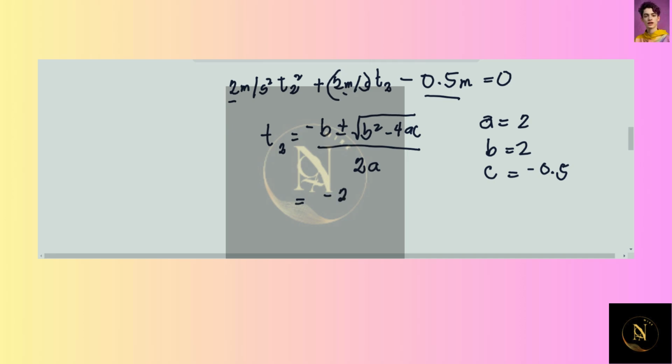So we have negative 2 plus or minus square root of 2 squared minus 4 multiplied by 2 and negative 0.5, over 2 multiplied by 2.